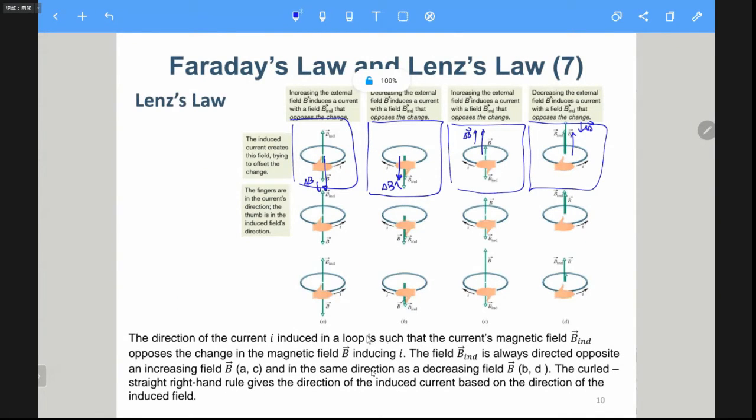So this is not so trivial at the very beginning, but yeah, it is not difficult at all. This is called Lenz's law, to determine the direction of the induced current.